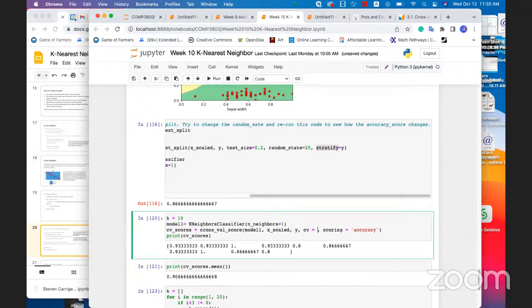That's okay. But here we don't use a fixed number called 10. So you use this method called stratified k-fold, and the number of splits is still 10.